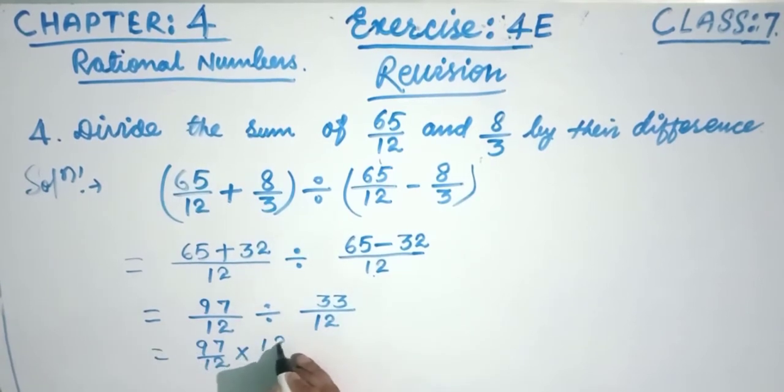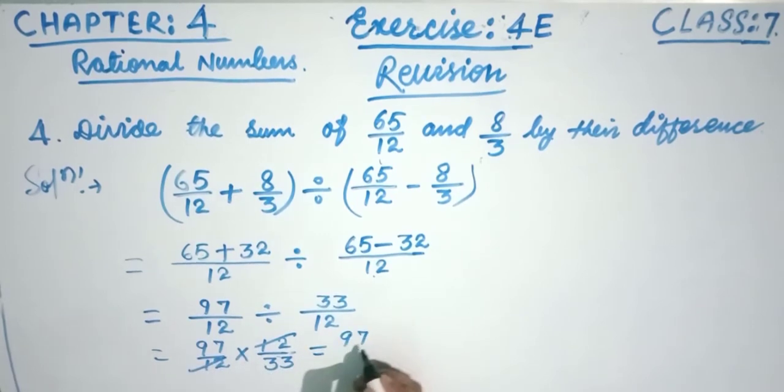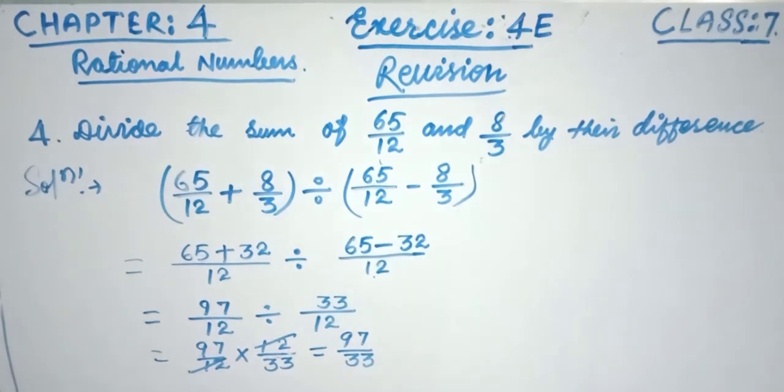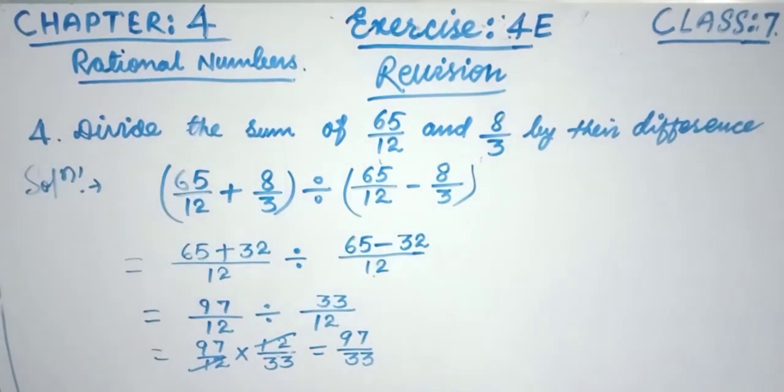So the reciprocal of this number is 12 up and 33 downwards, remember friends. So this will get cancelled one time, 97 divided by 3. So now friends, this is the final answer.